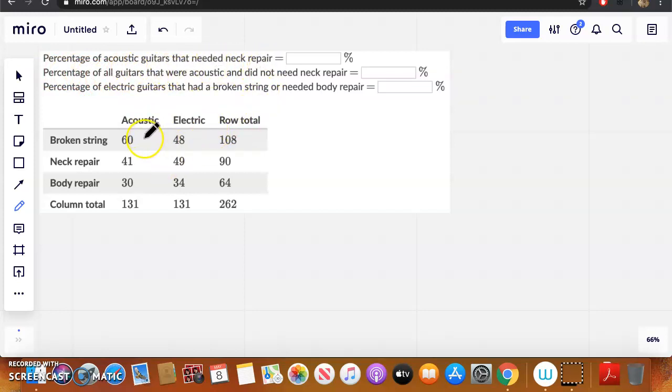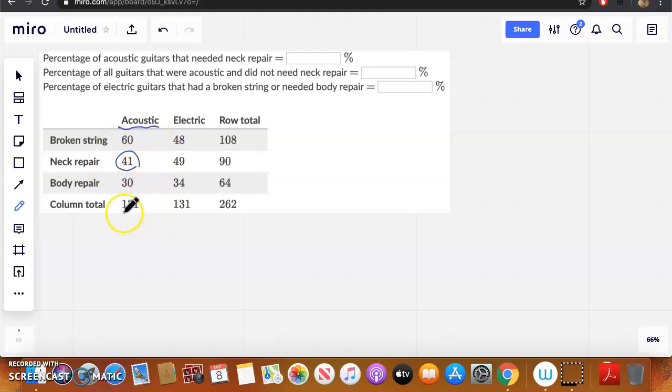So, the first thing we have to do is look at the acoustic guitars. Okay, and here we have our acoustic guitars. And of these acoustic guitars, what percentage of them needed neck repair? So, we're looking for this number. This is a frequency table. So they're asking us really for the relative frequency of the acoustic guitars that need neck repair.